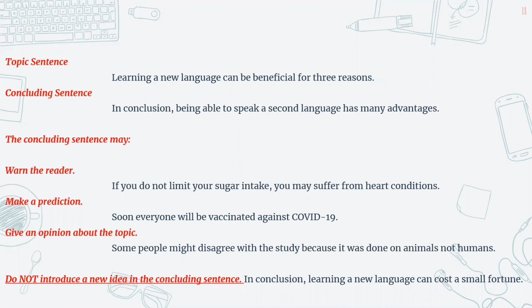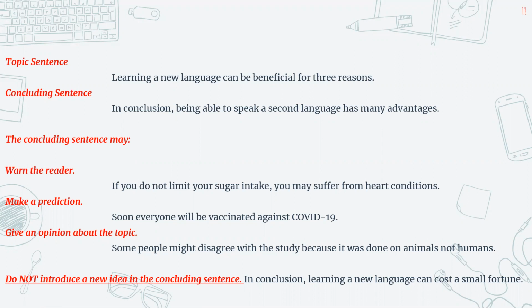So the topic sentence is about the benefits of learning a new language. The concluding sentence can look like this. In conclusion, being able to speak a second language has many advantages.